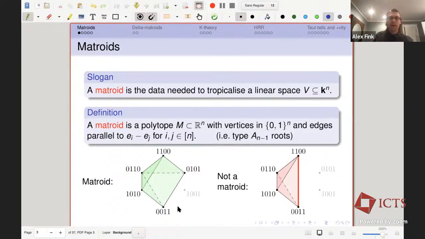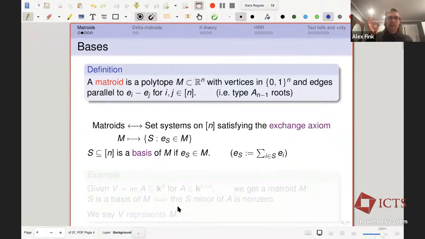So that's the definition. What does it have to do with linear spaces, the slogan I started out with? Well, the usual definition that you are more likely to see in a textbook or whatnot will say that matroids are a certain kind of set system. There is an obvious bijection between 0, 1 vectors of length n and subsets of the set of numbers 1 through n.